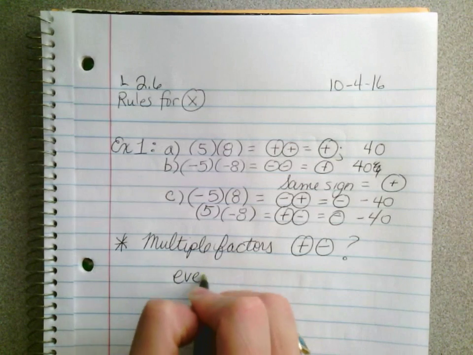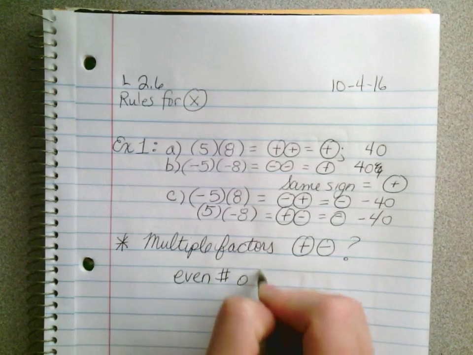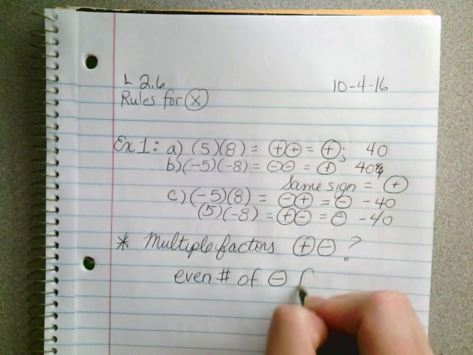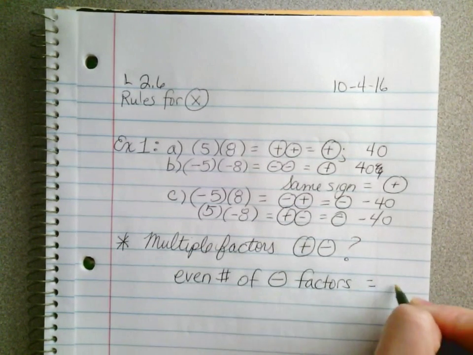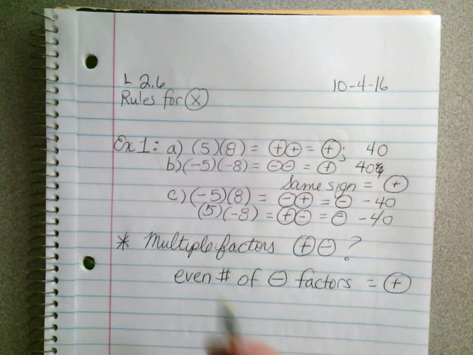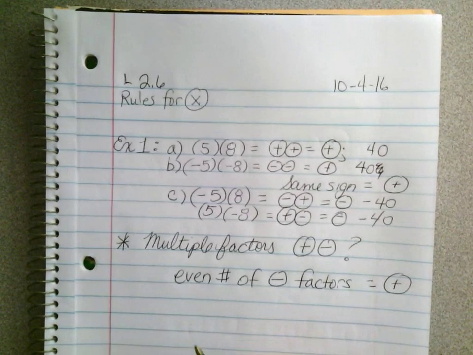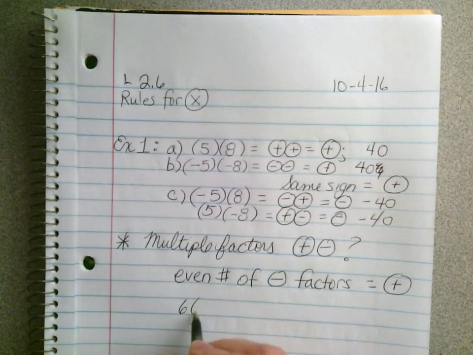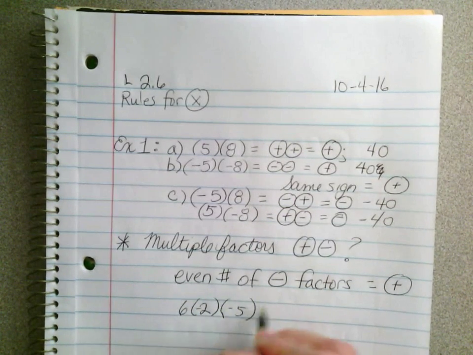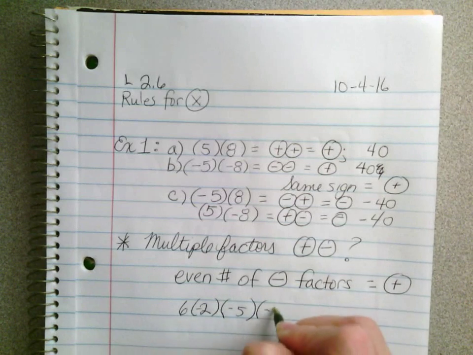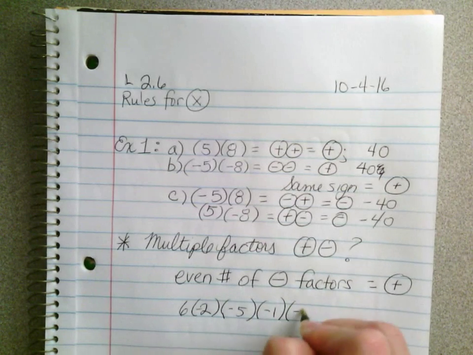An even number of negative factors will equal a positive result. So let's just say even number: 6 times negative 2 times negative 5 times negative 1 times negative 2 again.